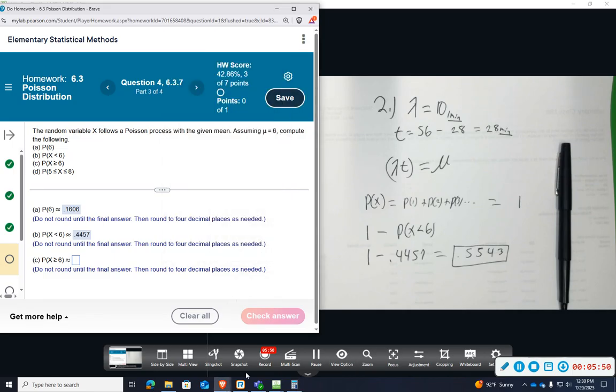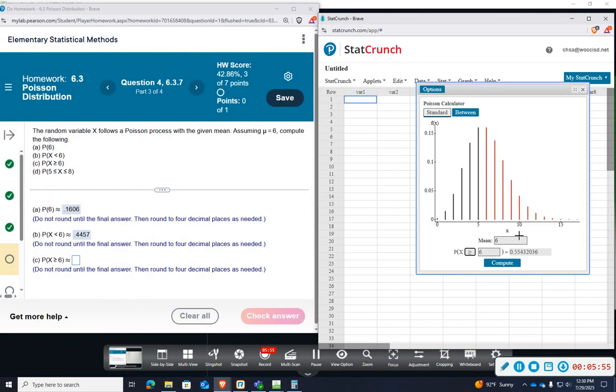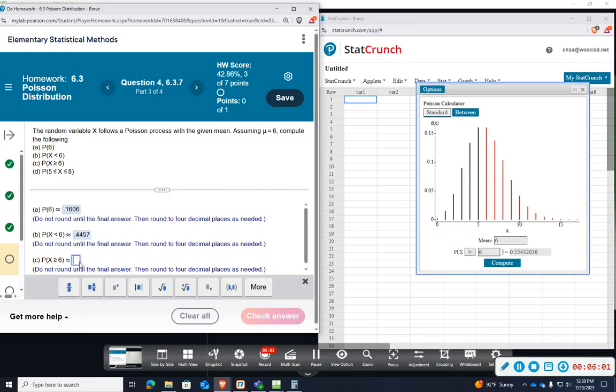And that, I also believe, is what we're getting on the StatCrunch window, 0.5543. So that's where that's coming from. So if you're wondering how do you compute from 6 and beyond, because it's 6, 7, 8, 9, 10, 11, 12, it could be any number, 100, 1,000, all the way to infinity, you just use a little algebra to rewrite or reorder that problem. So we get 0.5543 for greater than or equal to 6.